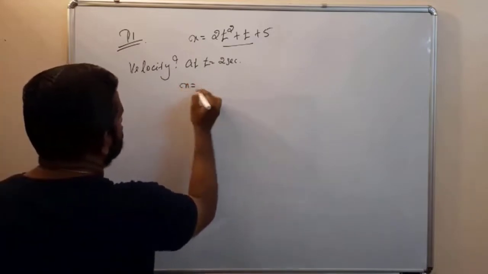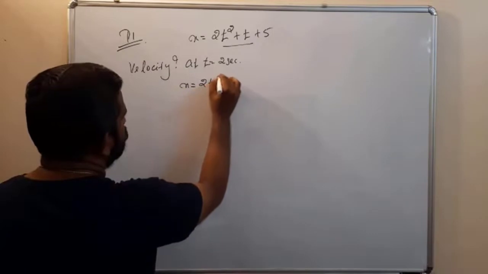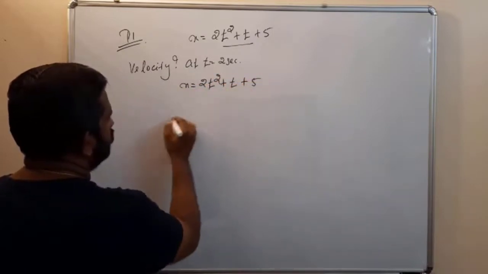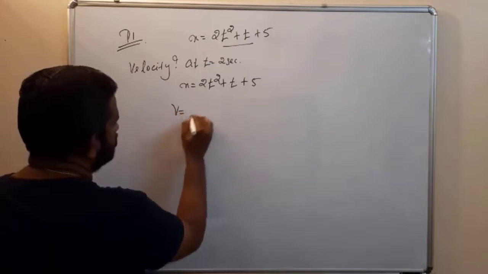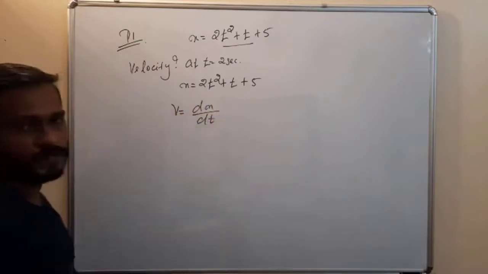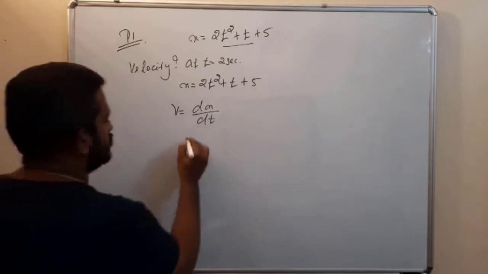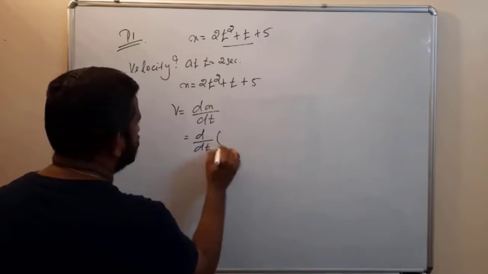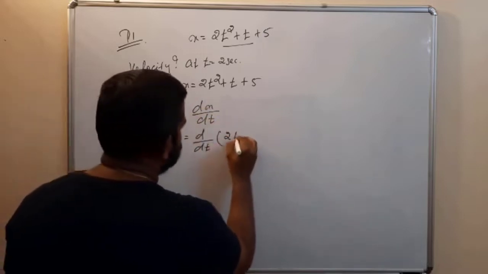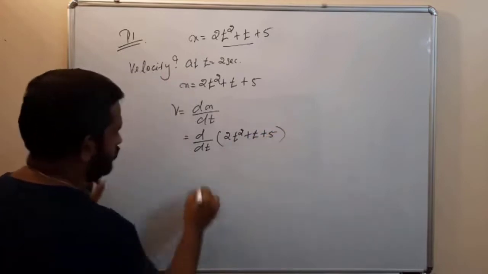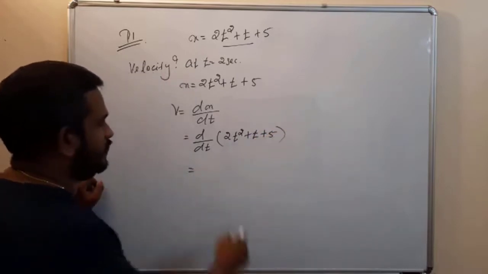So the given x is equal to 2t² + t + 5. Velocity v is equal to dx/dt. So that's d/dt of x, that is 2t² + t + 5.